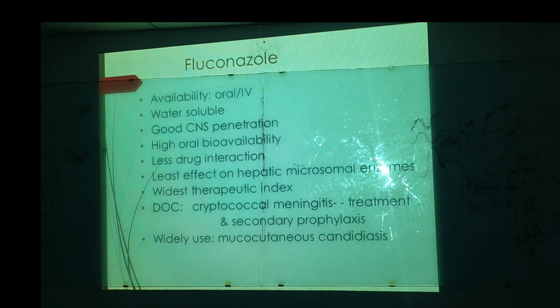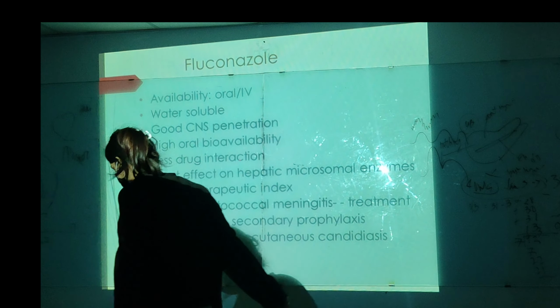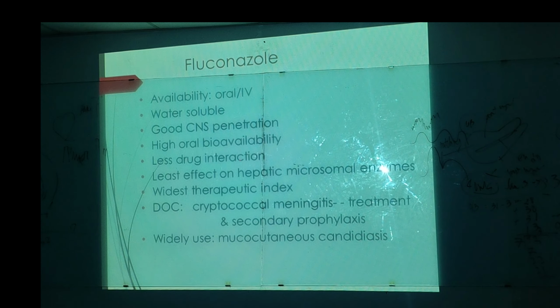Fluconazole is available as oral and intravenous preparation. It is also water soluble and it can penetrate the CNS. It can pass through the blood-brain barrier. It has high oral bioavailability and fewer drug interactions.